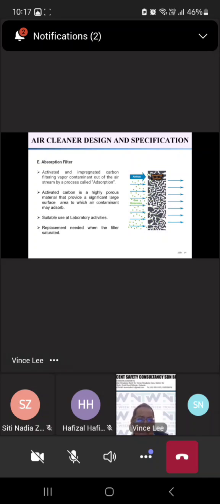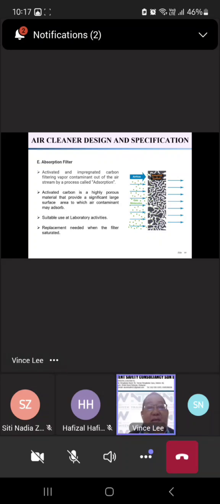Activated carbon is a porous material that provides large surface area to absorb contaminants, suitable for laboratory activities and suitable for VOCs, volatile organic compounds. And replacement is needed when the filter is saturated. The problem with this is frequent replacement may be required, all right, if your contaminant place is dusty, right?